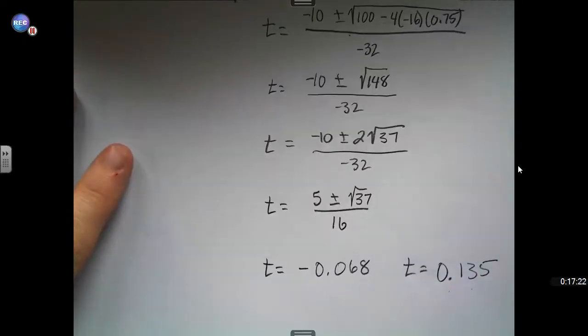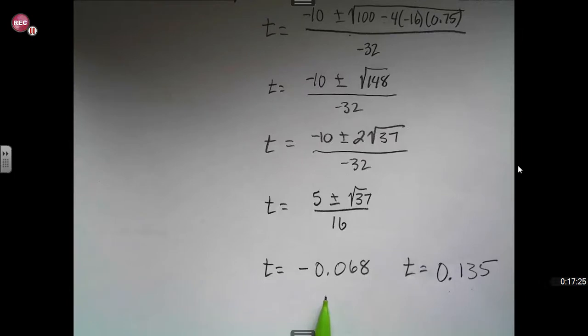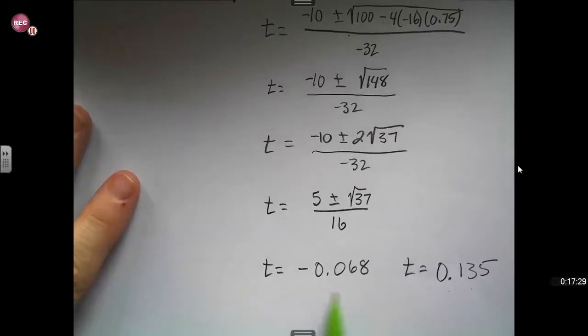So obviously this is where it took off from, kind of, sort of, loosely, and this is when it's going to land. So this is the answer we want, 0.135 seconds.